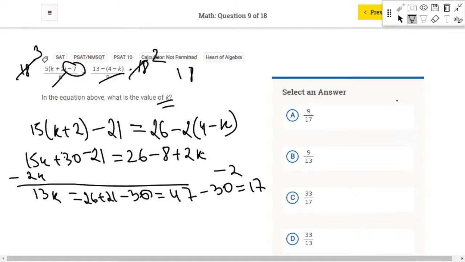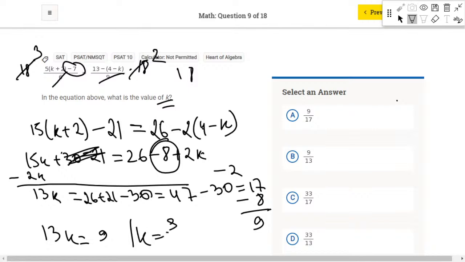Oh, I forgot this minus 8. You see, minus 8, and 17 minus 8 is 9. So 13k equals 9. k equals 9 divided by 13. I apologize for this small mistake, but that's why we should be more careful during the exam.